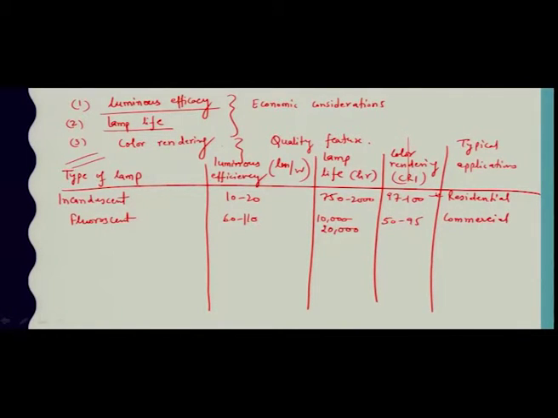And high pressure mercury lamp, its luminous efficacy is 50 to 110, and its lamp life is 3000 to 20,000, and its color rendering is from 65 to 95, and it is used for industrial as well as for commercial purposes.